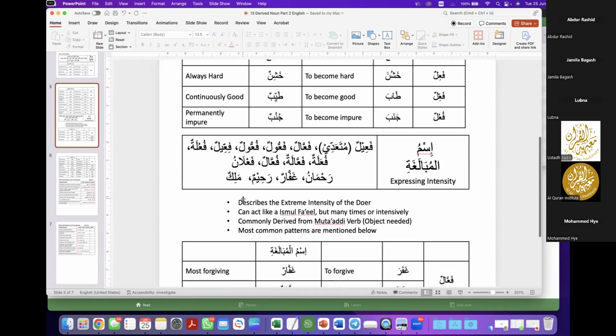What is it? Razzaqun. Which of the ismul mushtaq does that fall under? Razzaqun. Yeah, ismul mubalagha. Which pattern?